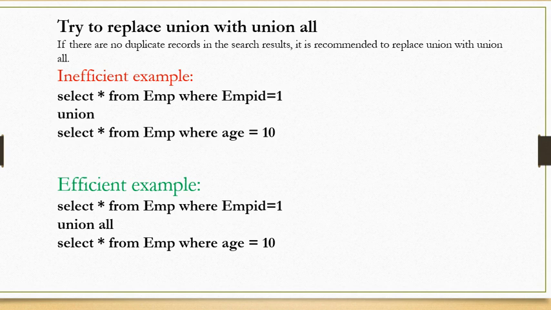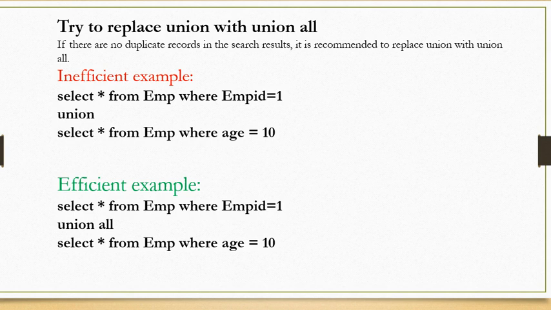See the example here. Inefficient example: select star from EMP where EMP ID is 1, and here we are using union. The efficient one is using union all. Why use union all instead of union?